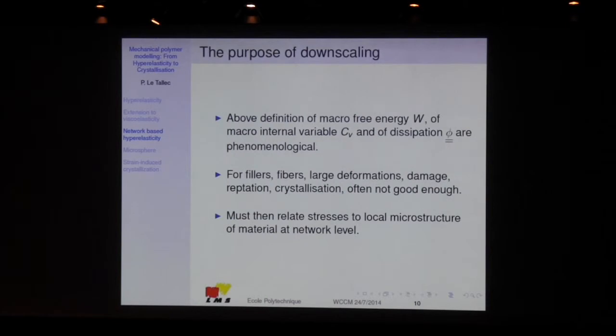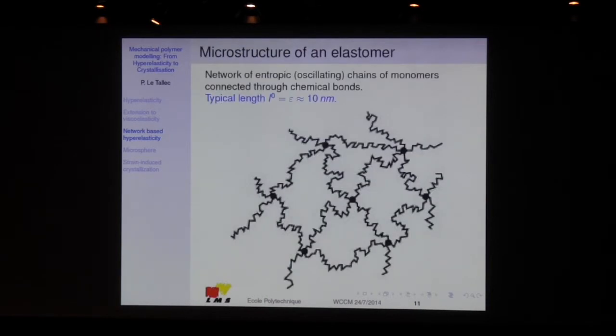So why can we do that? The path actually originated in the early 1940s with Flory and Treloar. We had this interpretation, but it was not very efficient as a numerical simulation. So the underlying idea is the interpretation of an elastomer.